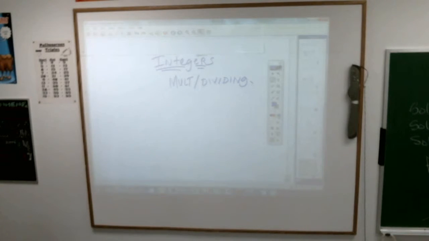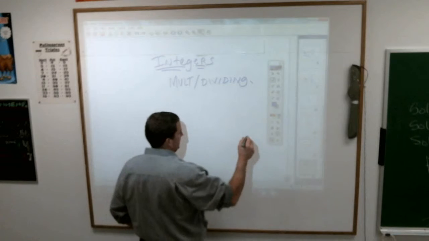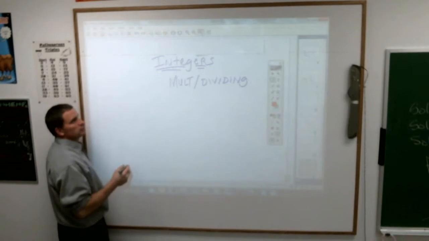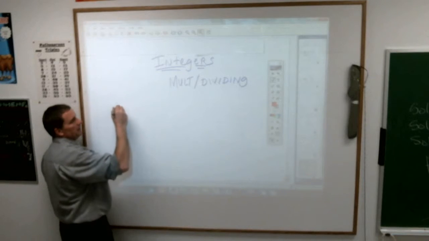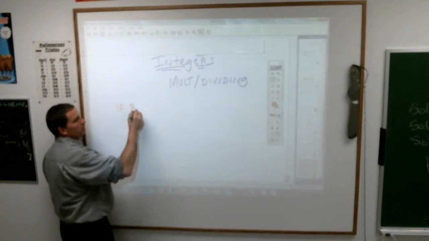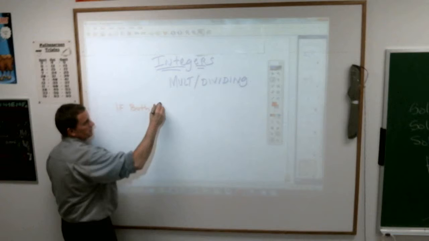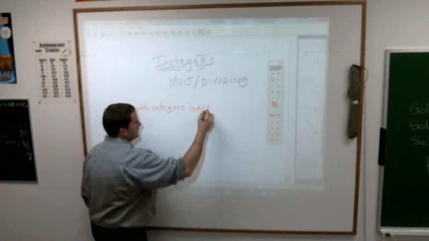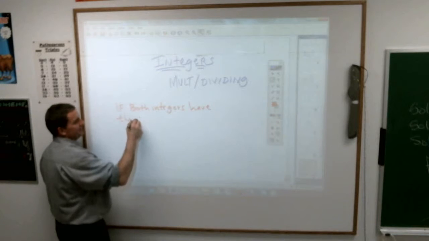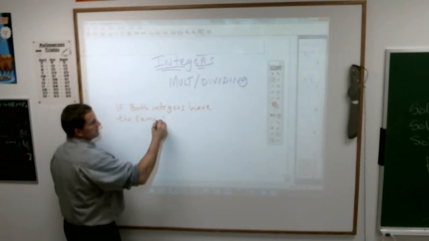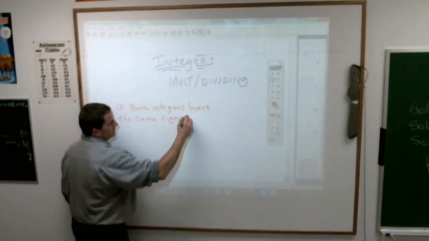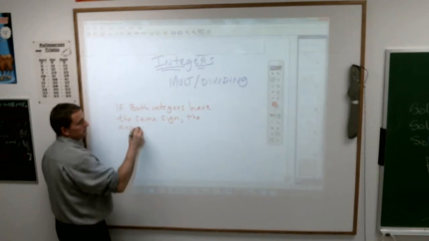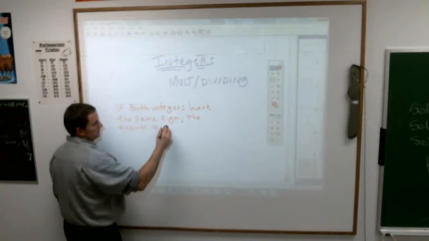Multiplying and dividing integers is much simpler than adding or subtracting, because for both of those you just follow this simple rule. If both integers have the same sign, the answer is positive.